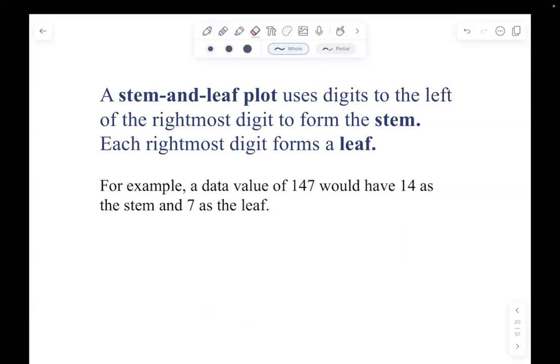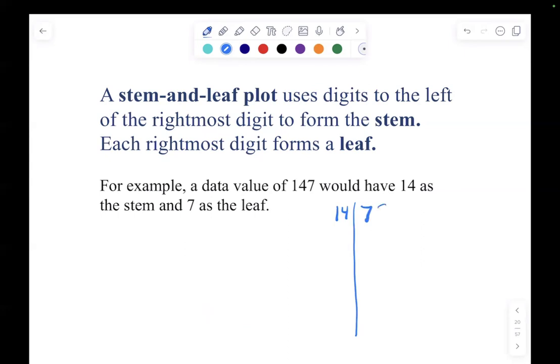So, a stem and leaf plot uses the digits to the left of the rightmost digit as the stem. Basically, say I have 147: I would have 14 here and 7 over here, which indicates 147.